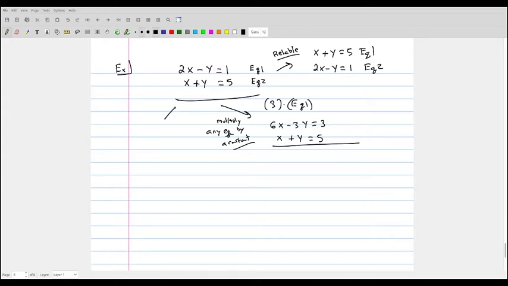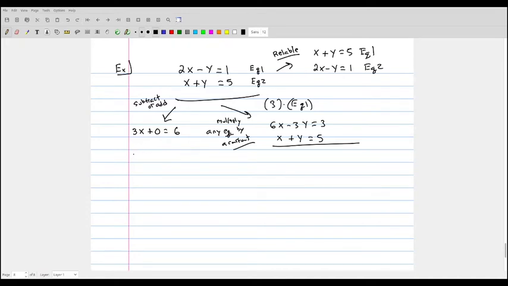The last thing we can do is subtract these two equations from one another, or add. For example, if I add them together, I get 3x plus 0 is equal to 6, 1 plus 5.